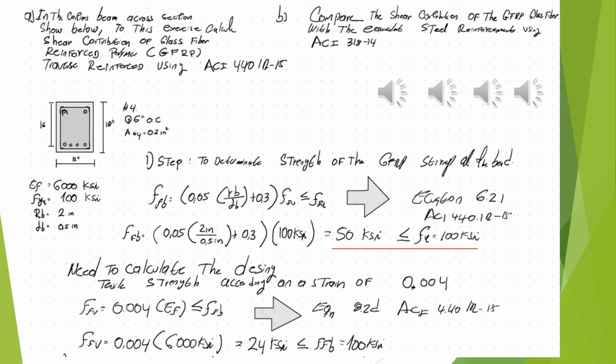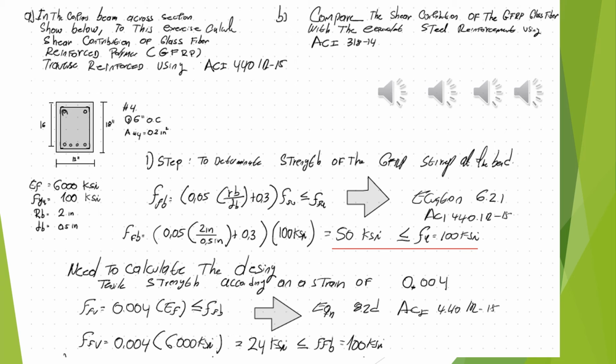We will first calculate the tensile strength of the GFRP stirrup at the bend, which in this case is the limiting factor, using equation 6.2.1 of the ACI 440.